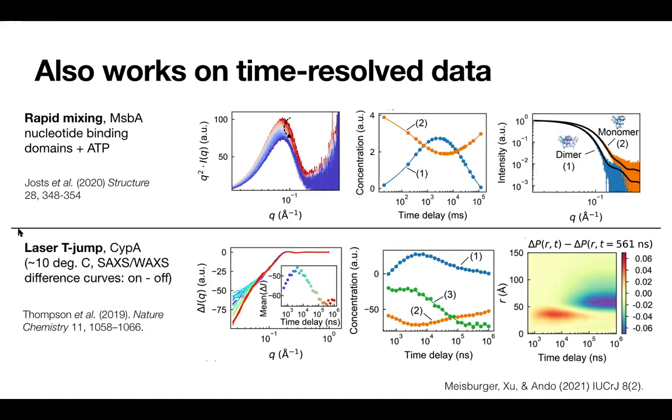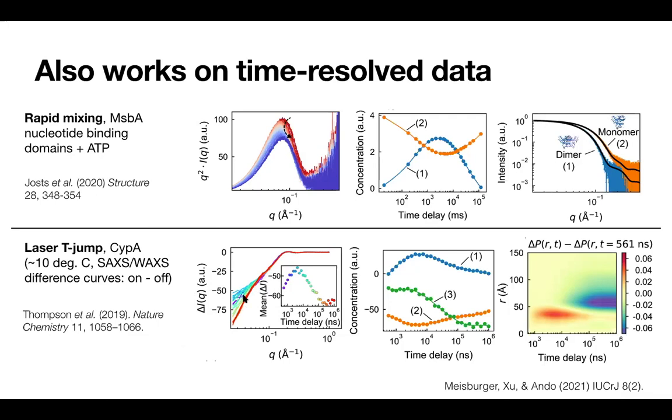We also analyzed this very interesting laser T-jump experiment. This is done on a protein, CypA, which was rapidly heated with a laser over tens of nanoseconds by about 10 degrees Celsius, and then they collected SAXS/WAXS curves over a large time delay. What's plotted here are difference profiles, so the laser on minus laser off.